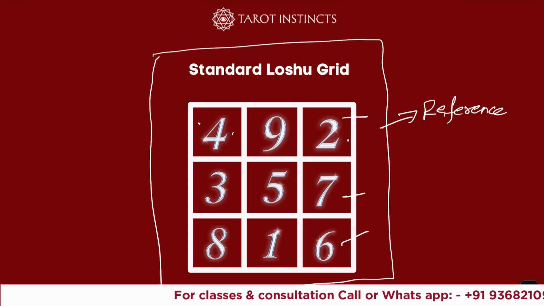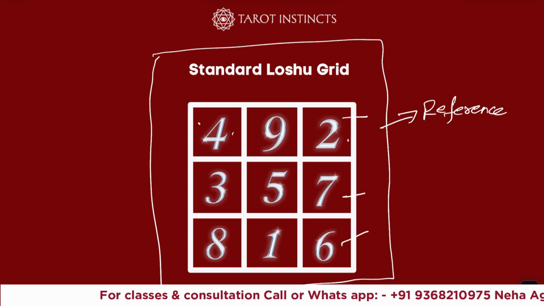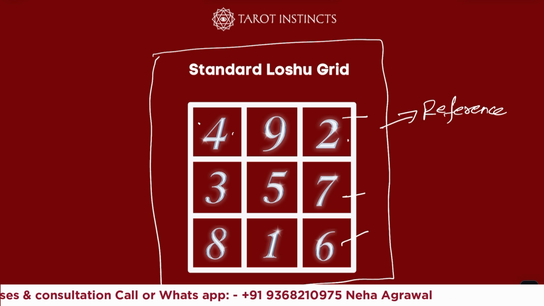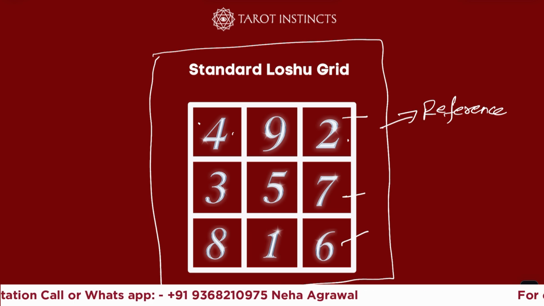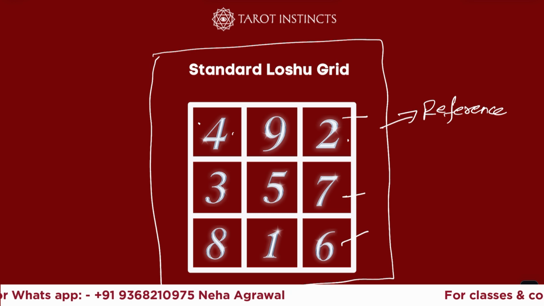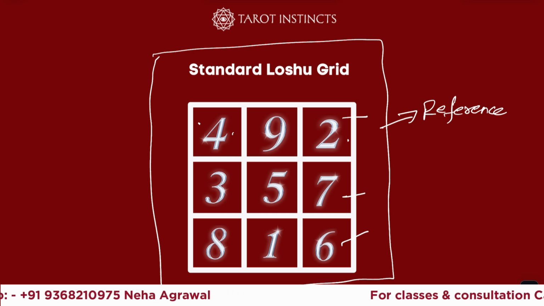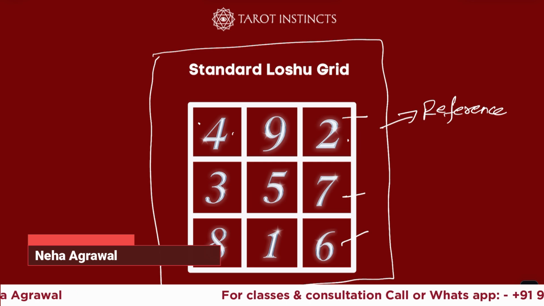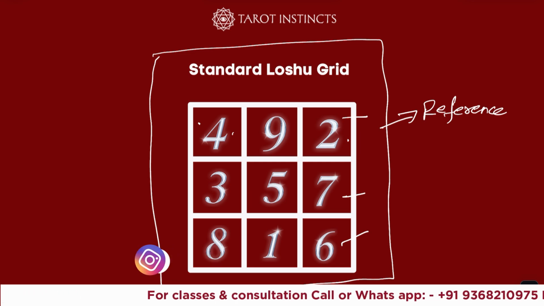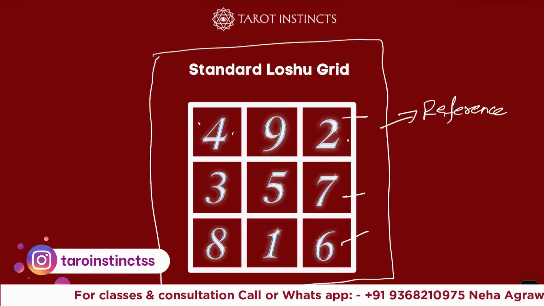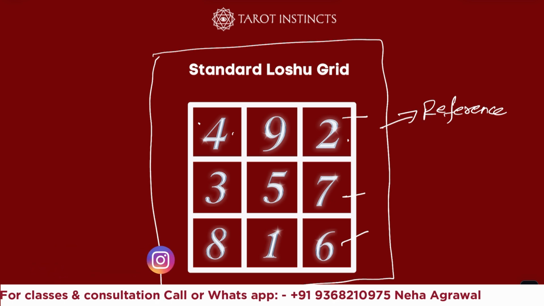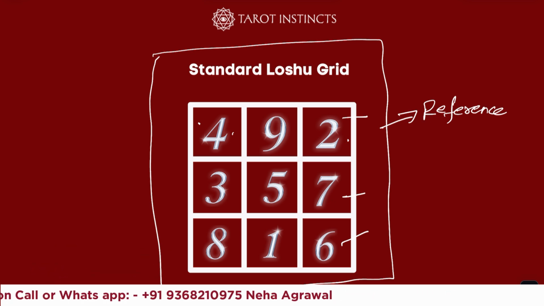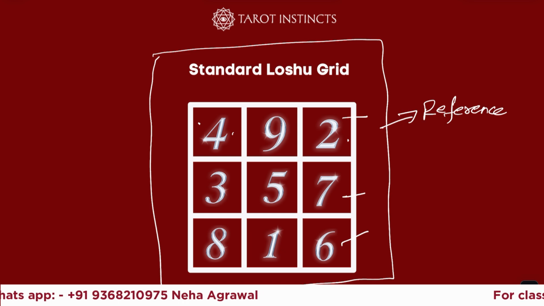But by that time, I request all of you to keep at least 20 to 25 birth dates ready with you. These could be birth dates of your friends, your family, anyone. And if you are unable to get that, you can just Google the birth dates of famous personalities, famous Hollywood actors or Bollywood actors.